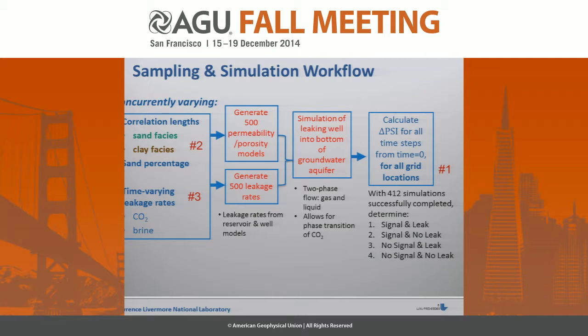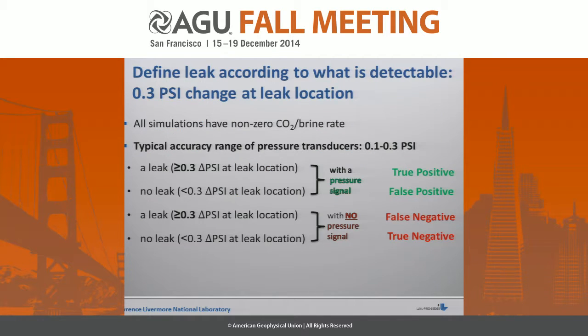But before we do that, we need to define what is a signal and what is a leak. To do that, we looked at the actual detection threshold for a pressure transducer in a shallow aquifer. We define the leak according to what is detectable. An optimistic range of the typical accuracy of a pressure transducer is 0.1 to 0.3 psi.